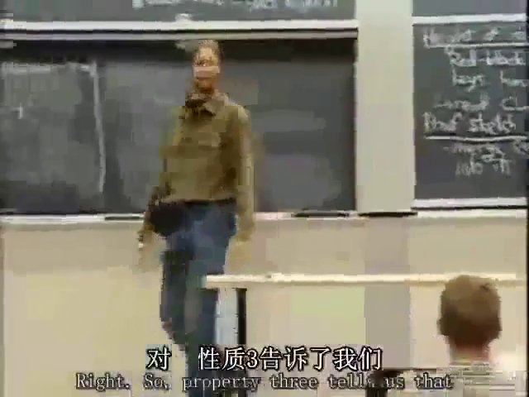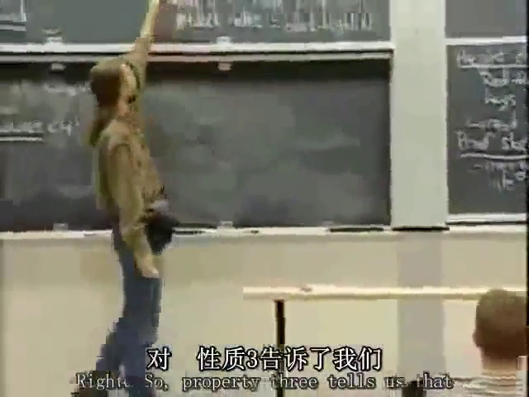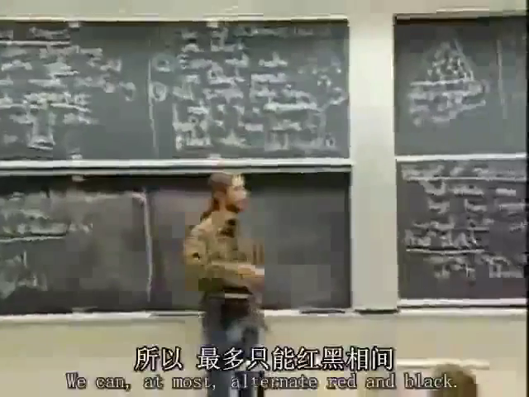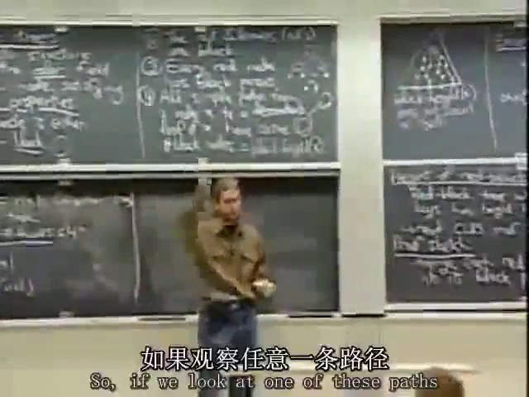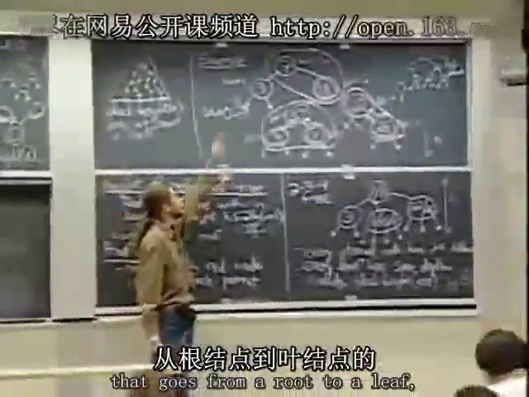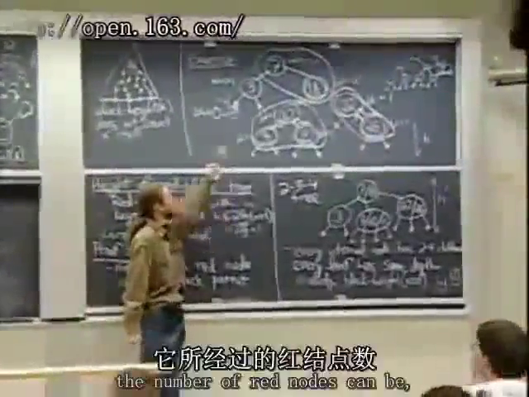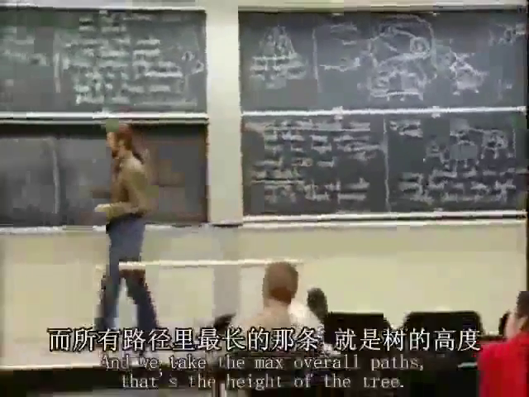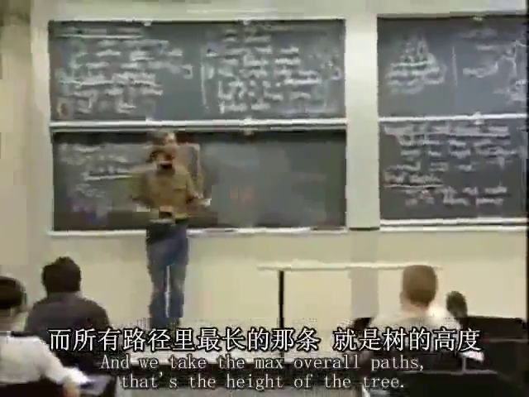Right. So property 3 tells us that we can only have one red node for every black one. We can at most alternate red and black. So if we look at one of these paths that goes from a root to a leaf, the number of red nodes can be at most half the length of the path. And if we take the max over all paths, that's the height of the tree.